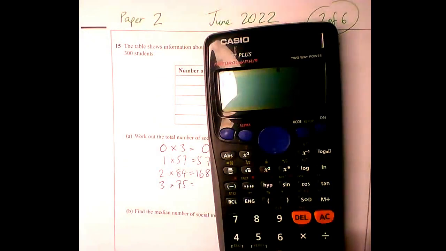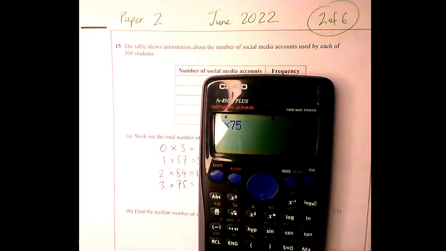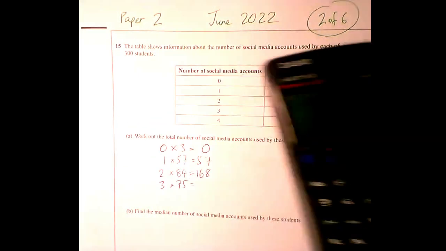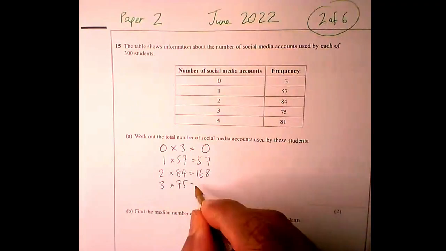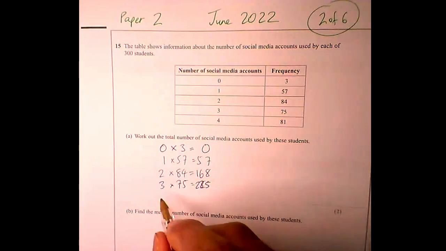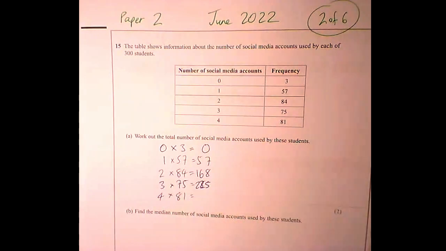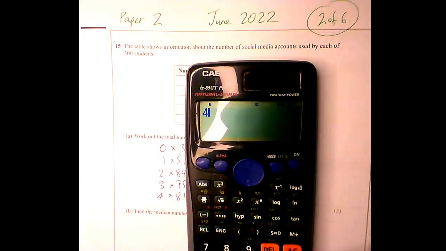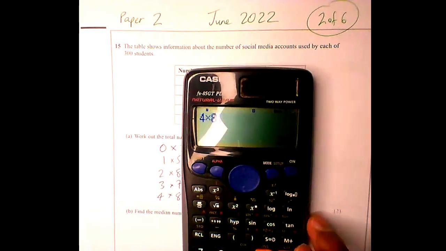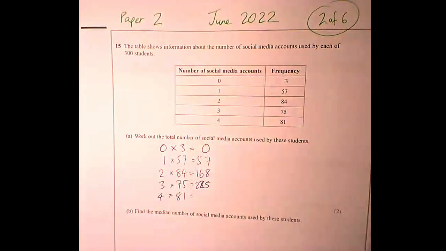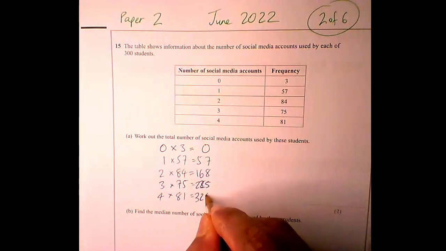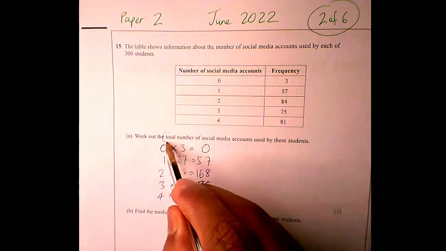That gives us 225. And then the last one, 4 times 81. And so that gives us 324. And we want the total number.